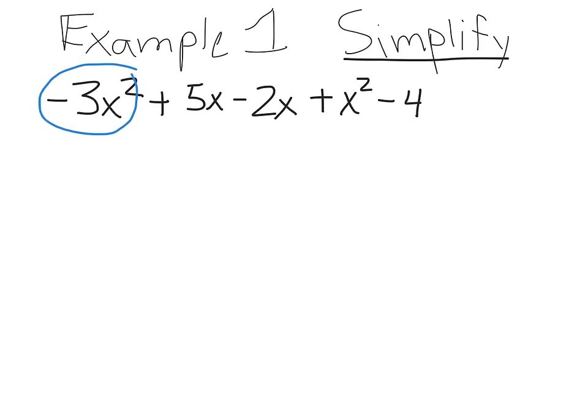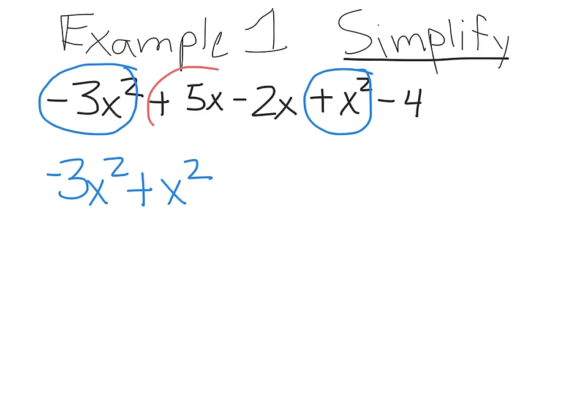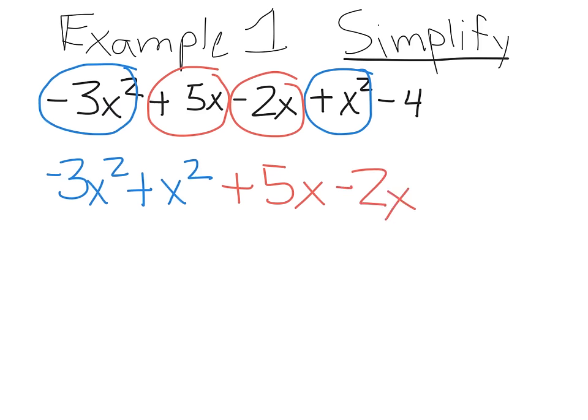This negative 3x squared and this x squared are alike, so I'm going to write them next to each other. This positive 5x and this negative 2x are alike with each other. And then this constant of negative 4 doesn't have another like term with it, so I'm just going to slide it to the back here.